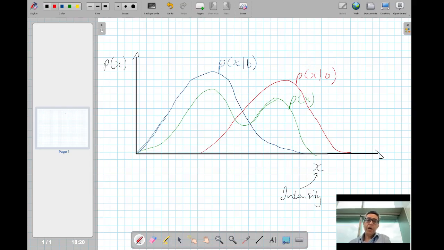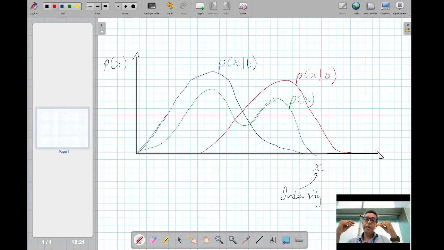Okay, now how do we get from these, the blue and the red, to this continuous curve P of X? The way that we do that is we form what's called a mixture model. And the mixture model in this case is very sensible. Within this image, we've only got two types of thing. We've either got pixels that belong to the background, or pixels that belong to the foreground.